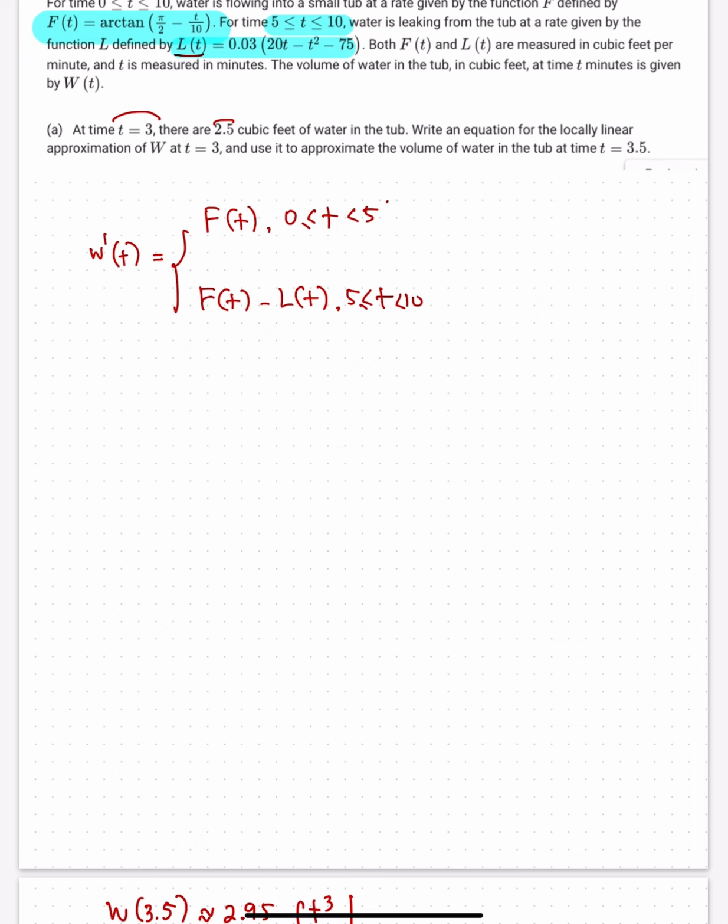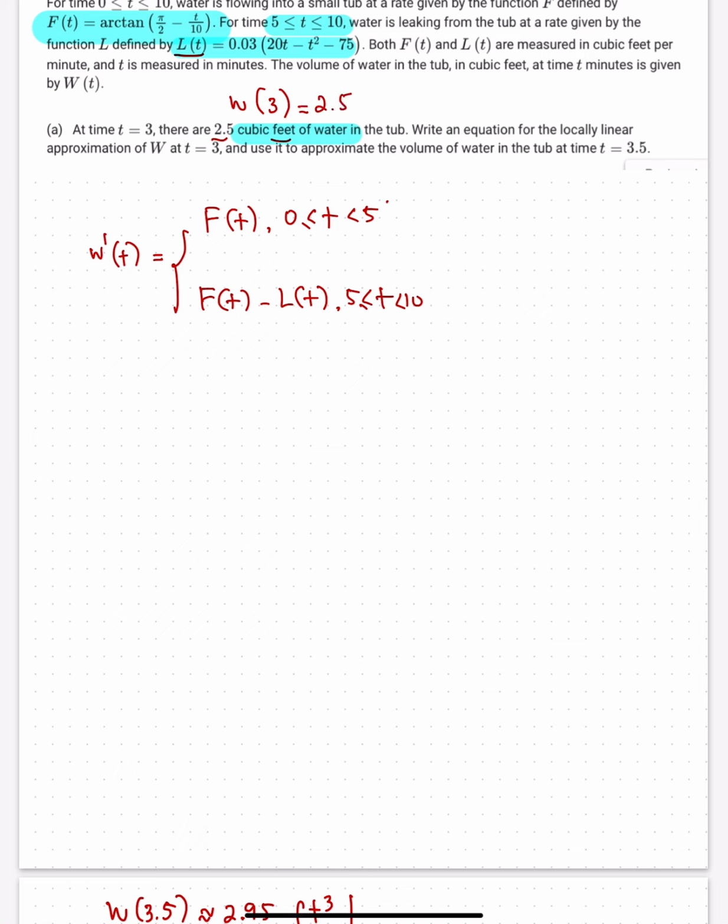Use it to approximate the volume of water in the tube at time 3.5. So in this case, they told you that at t equal 3, there are 2.5 cubic feet. That means 2.5 cubic feet stands for the volume of the water in the tube. So we can consider W of 3 equal to 2.5.